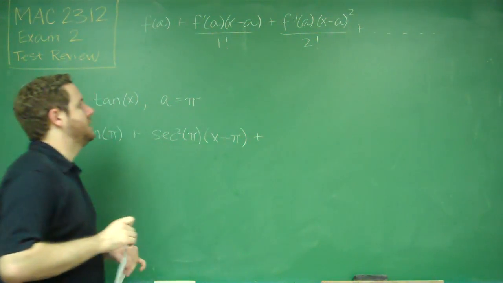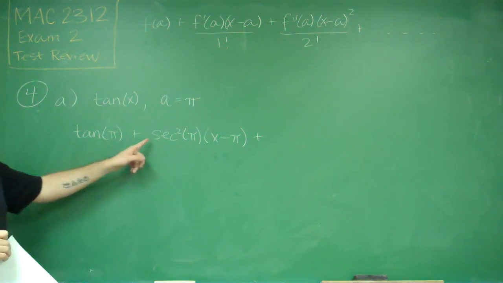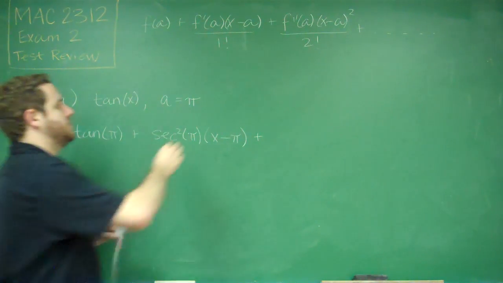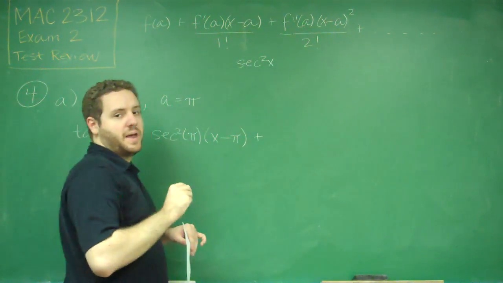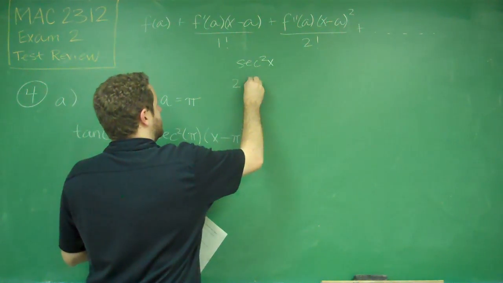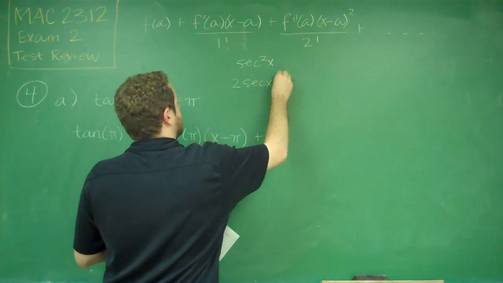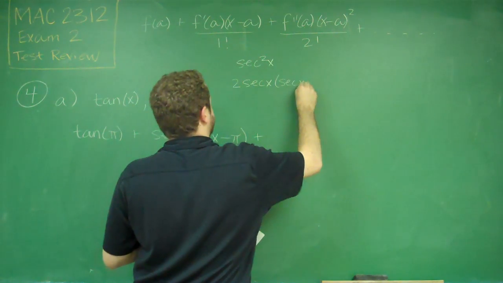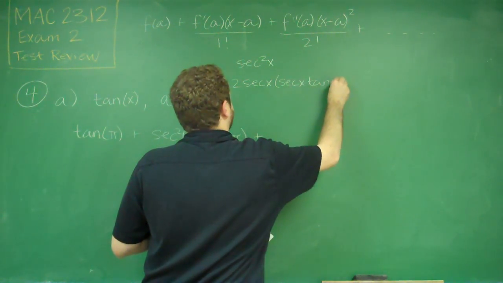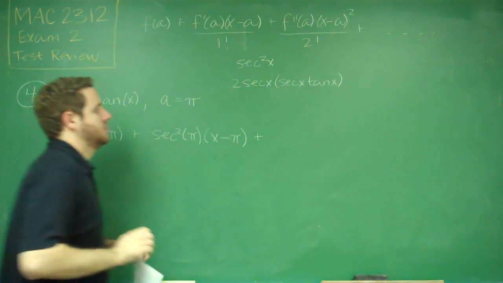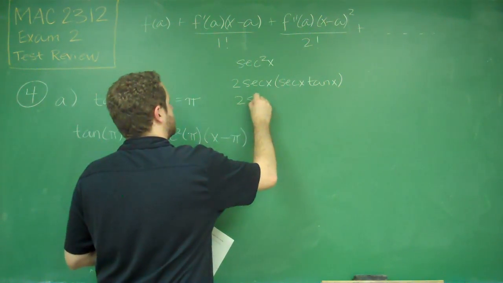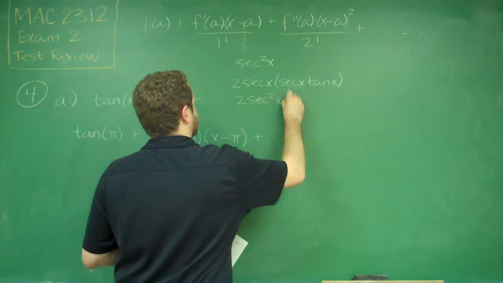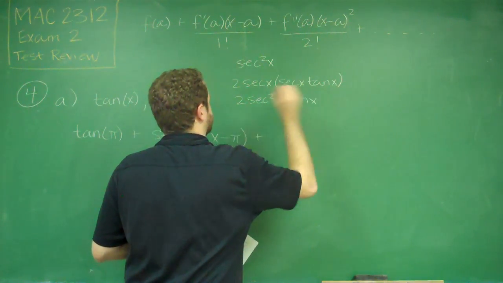Okay, and finally the third term, we need the second derivative, so we need the derivative of secant squared. Let's do that real quick. If you have secant squared x, the derivative of that would be 2 secant x times secant x tangent x. So we would get 2 secant squared x tangent x.